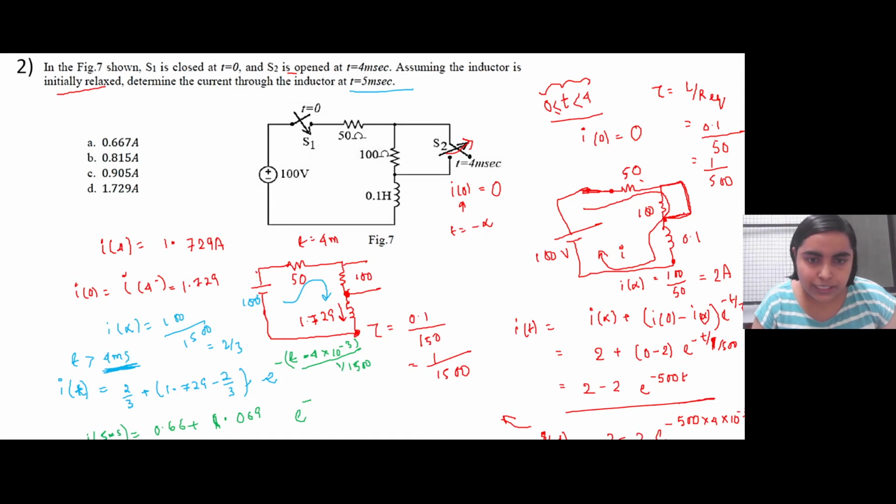So if we put t equal to 5 millisecond, 5 minus 4, that is 1 millisecond, 1 into 10 to the power minus 3, and 1500 up, it is 1500. So it is 0.66 plus 1.069 e raised to the power 1.5.